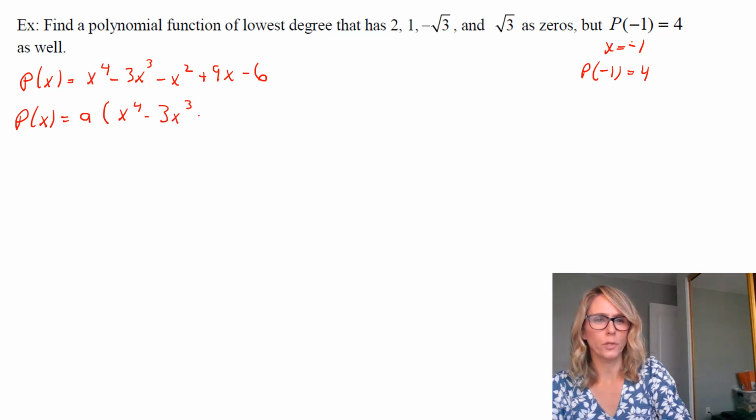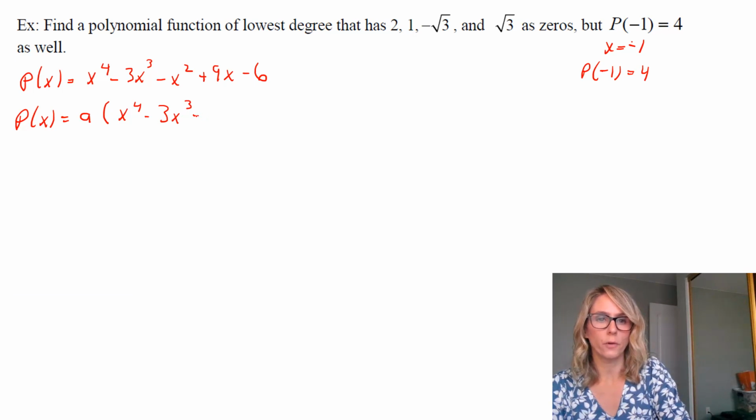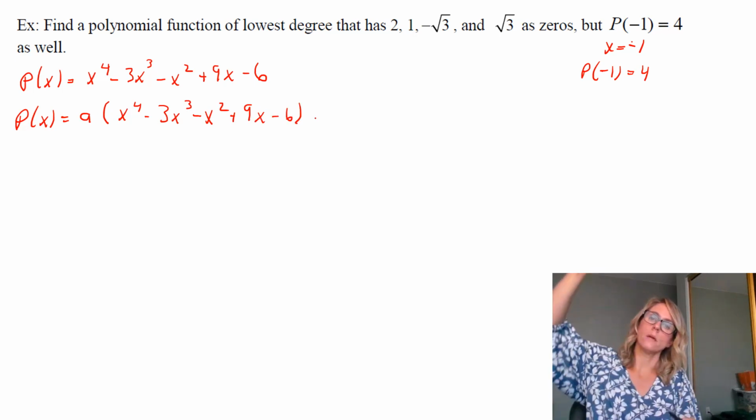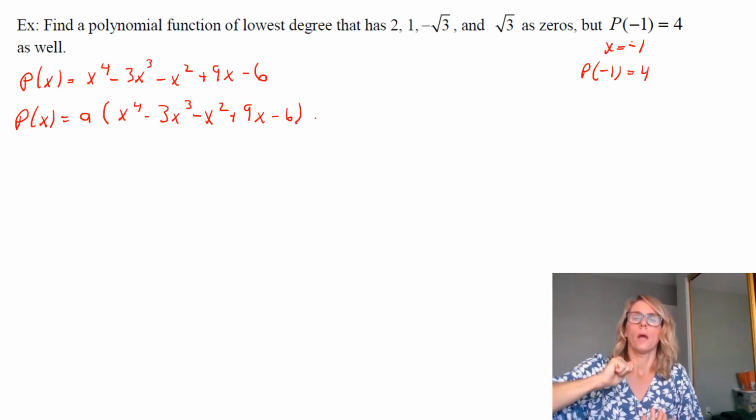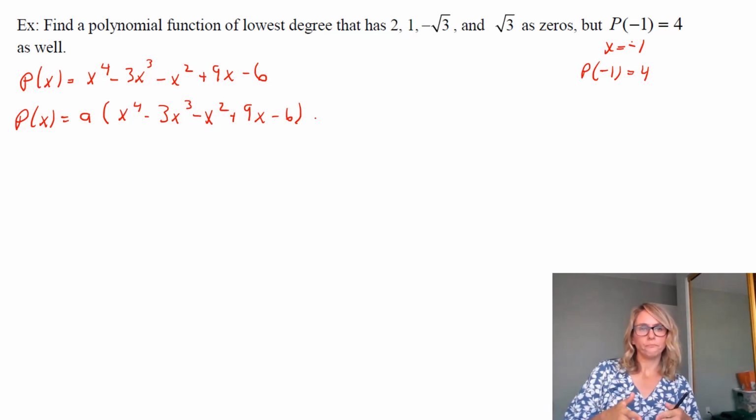And as we've learned with transformations, depending on what a is, you may find that your polynomial has those zeros, but maybe it's a lot more stretched out, maybe it's like this, maybe it's like this. And that a is what's doing it, that factor in the front.